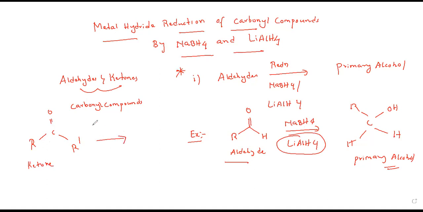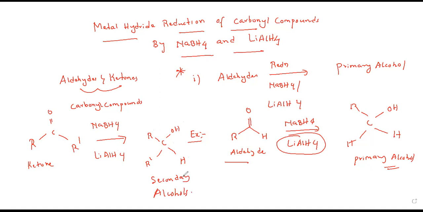When it is subjected to reduction in the presence of sodium borohydride or lithium aluminium hydride, you are going to get secondary alcohols. So this is the basic difference between the reduction of aldehydes and ketones. Aldehydes will give you primary alcohols. Ketones will give you secondary alcohols.